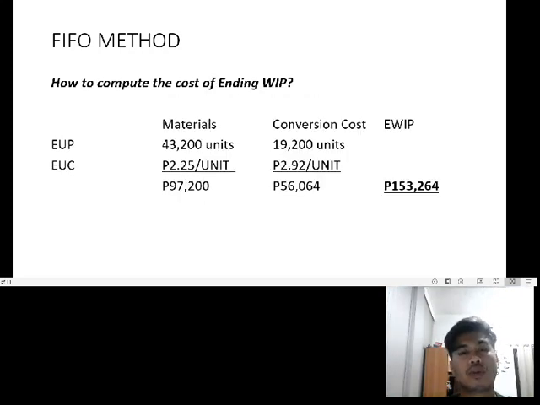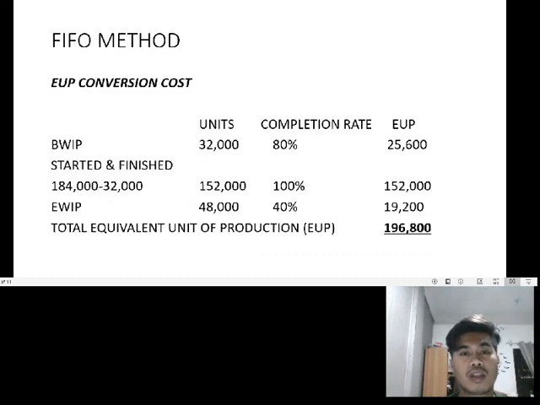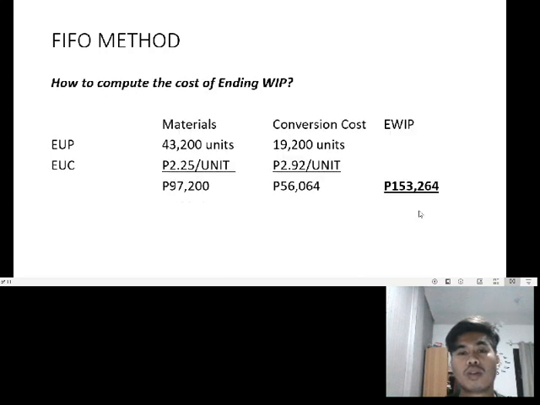So, paano natin ma-compute naman yung ending work in process? To compute the ending work in process using the FIFO method, again, kunin mo yung EUP and then the EUC. The EUP for materials is 43,200 dito, and for the conversion cost is 192,200.